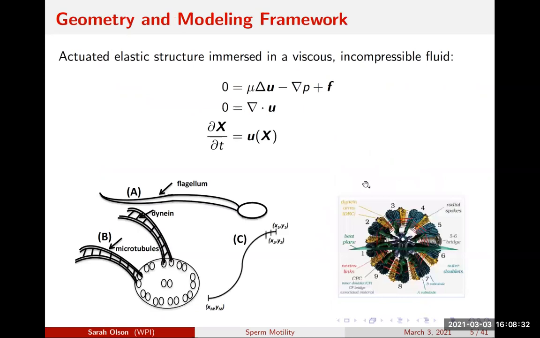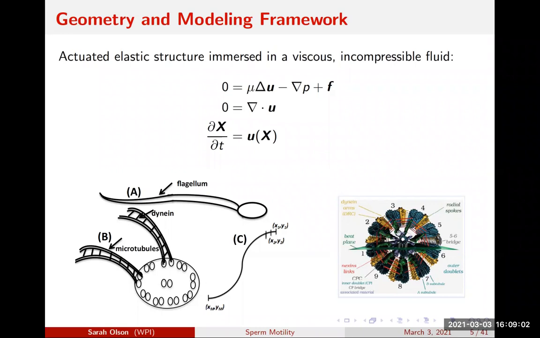In terms of how I view these microswimmers, or sperm in general, I think about this elastic flagellum. The sperm flagellum itself has a very complicated structure with nine microtubule doublets. There are dyneins, or active force generators, walking along the different microtubules, which causes bending relative to one another.